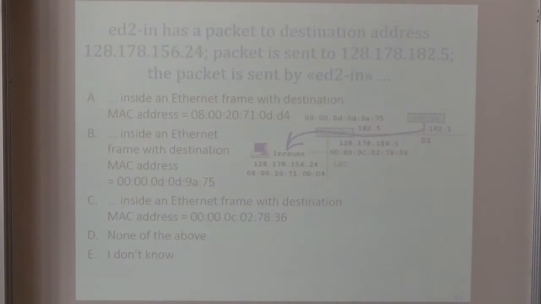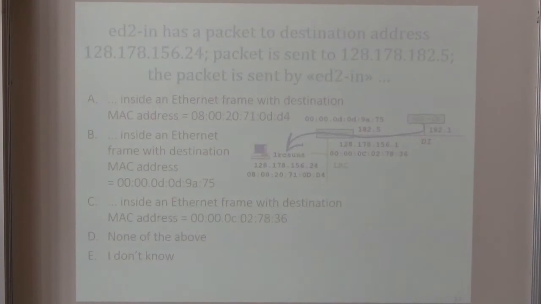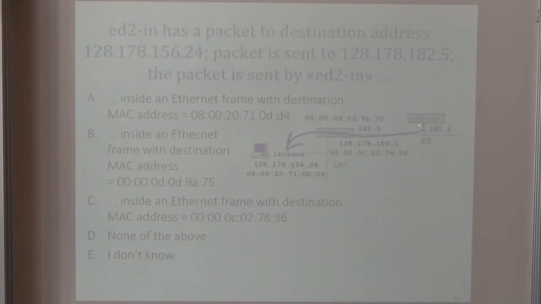So, given that ARP has been done, once we have the MAC addresses, a small recap question. I'm assuming here this router has a packet with a destination address, this one, but we are here. The packet is sent to this intermediate box.